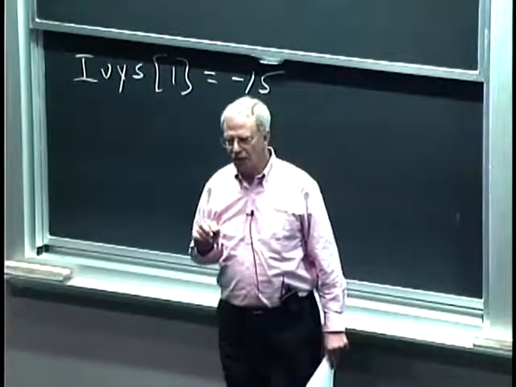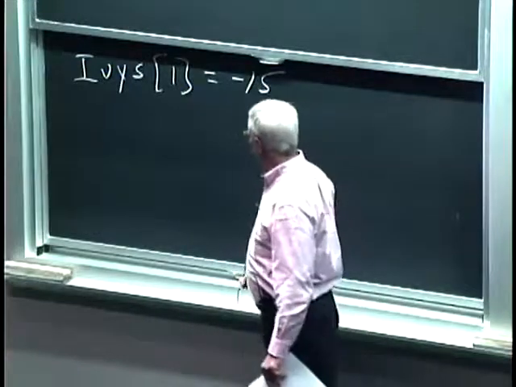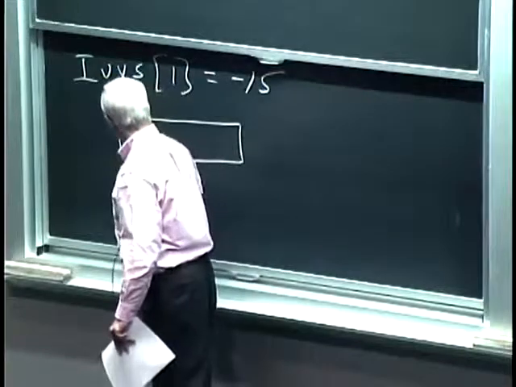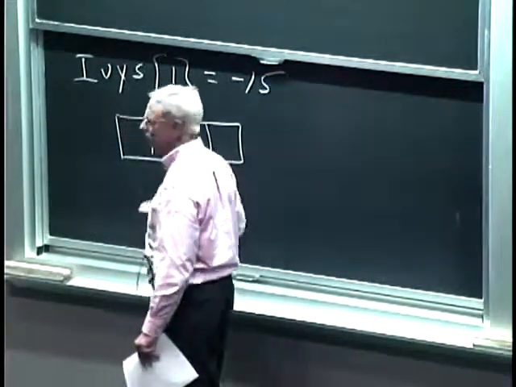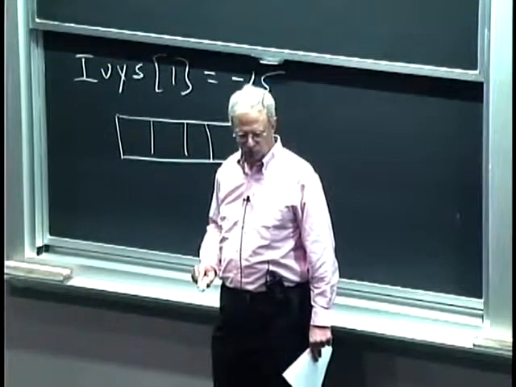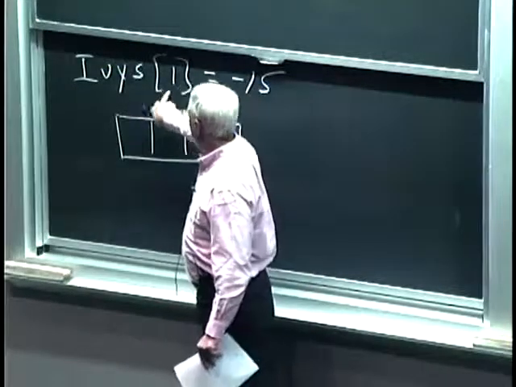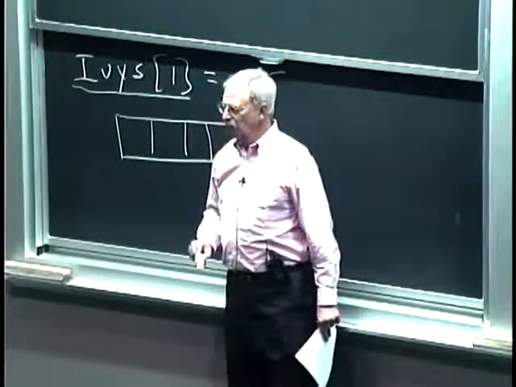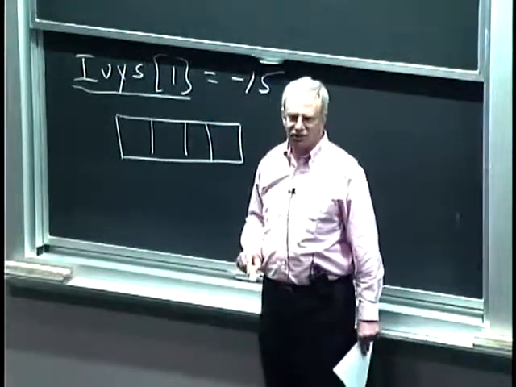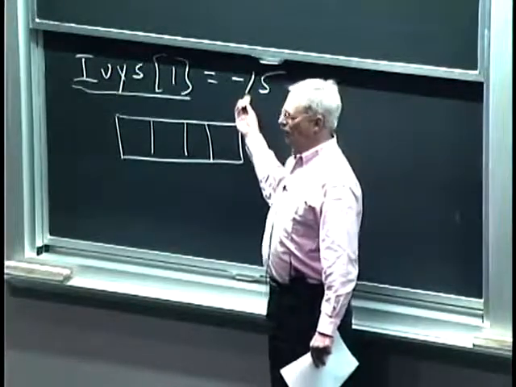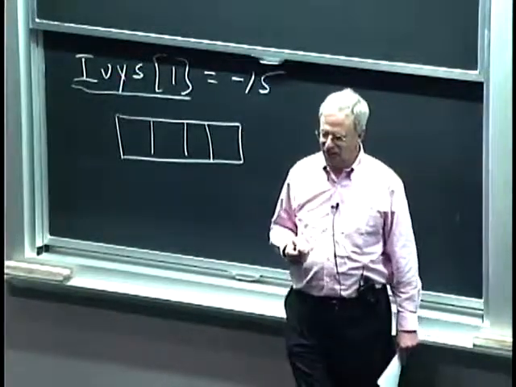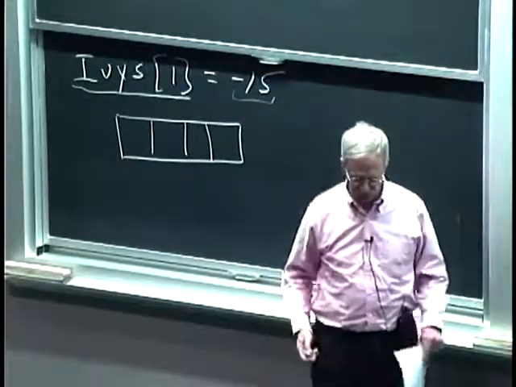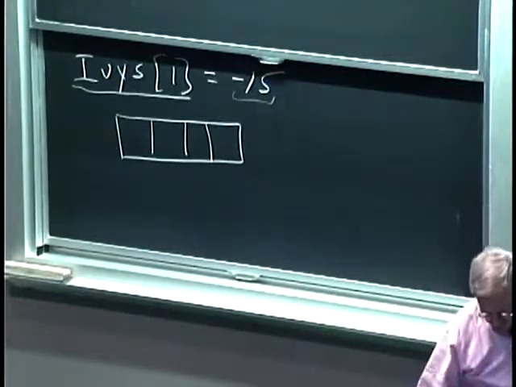If you think about it, that makes sense, because a list is a sequence of objects. And what this says is the object named by the expression IVs sub 1 is now bound to the object, if you will, named by the constant minus 15. So we can watch this run here.